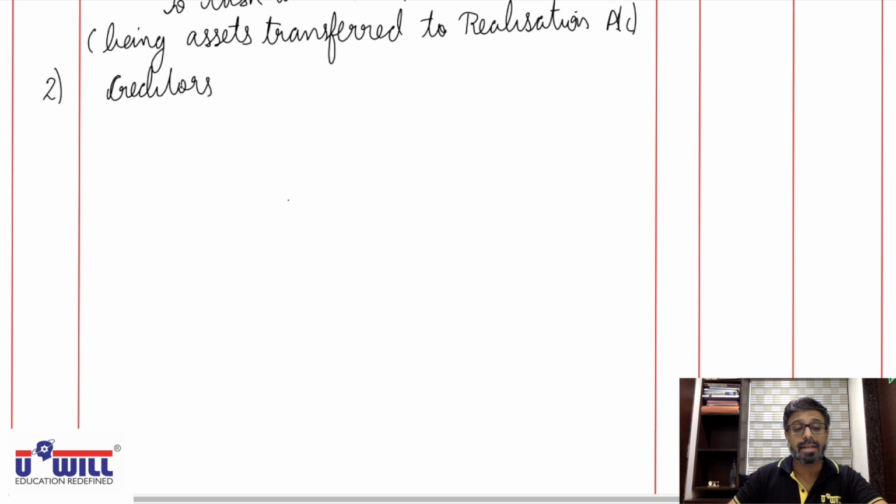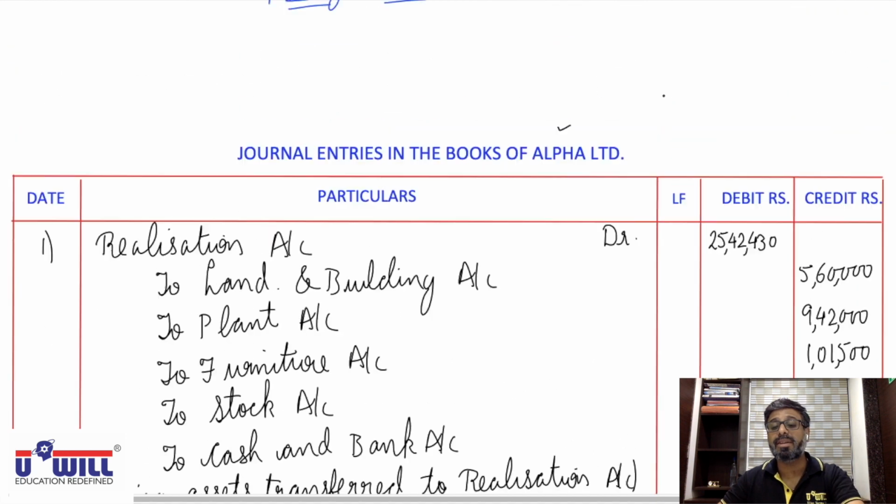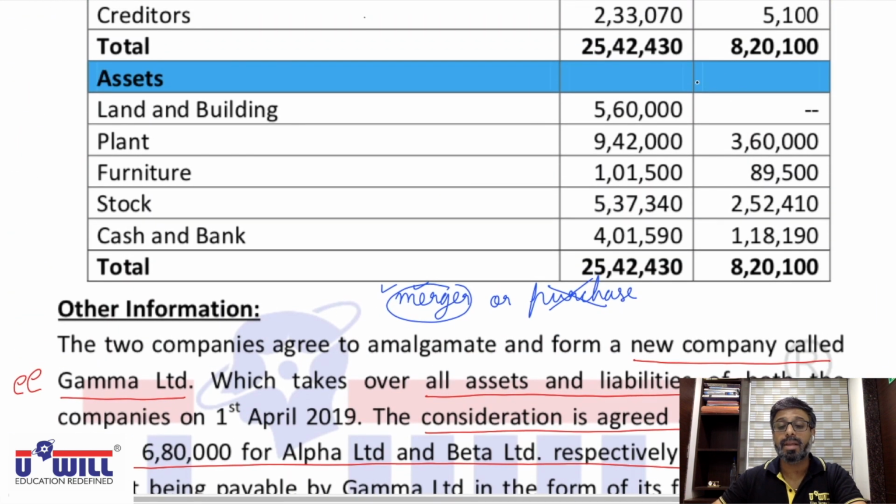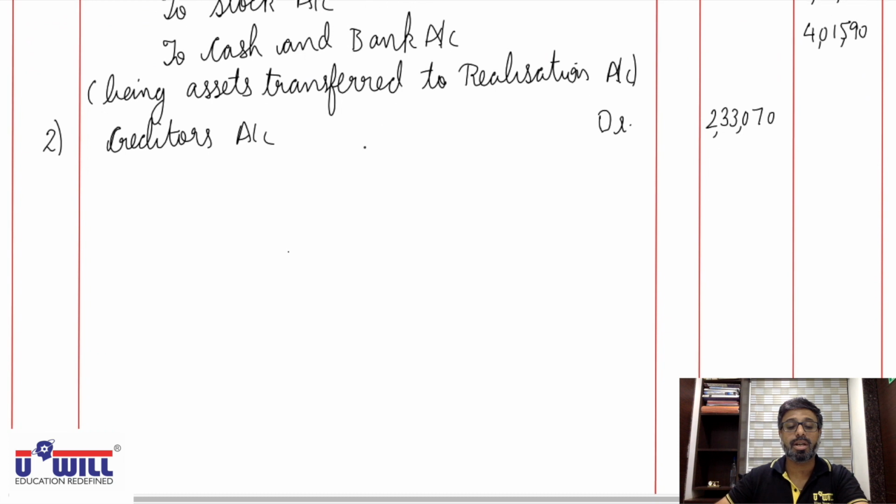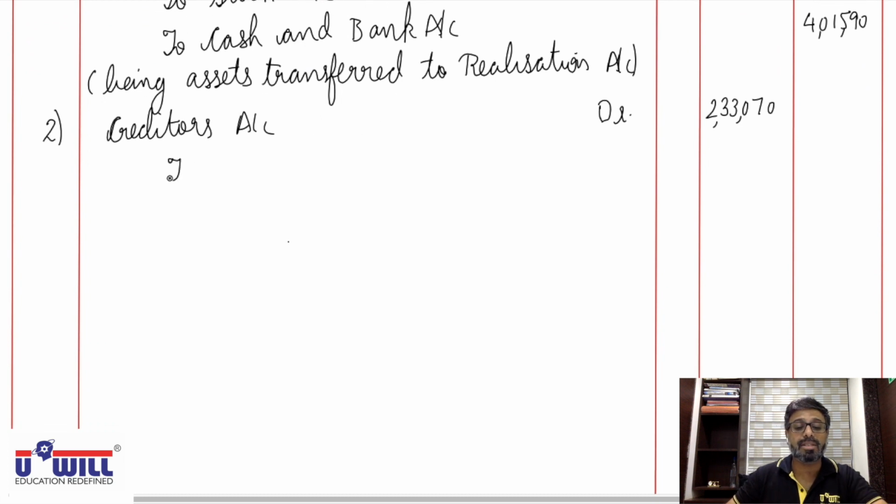Now creditors account debit, liability account debit means they have credit balance, to close it with reverse and debit. So creditors account debit, only one liability is there with 233070. And to realization account 233070. Okay, to realization account 233070.